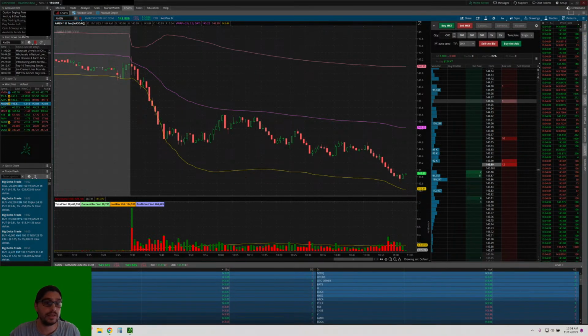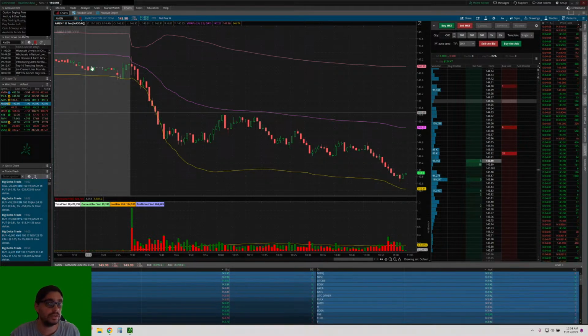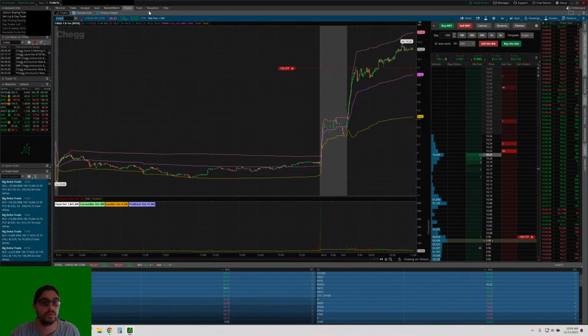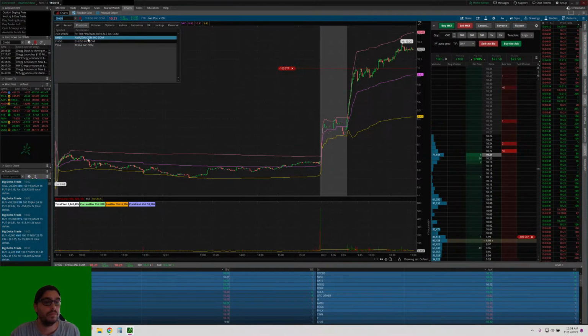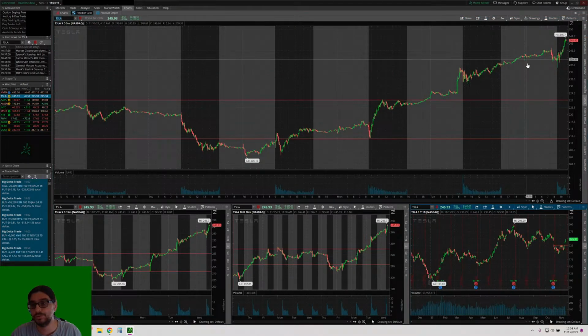$300 in the bank as of right this minute, and we got one stock that's still working for us. Hopefully we'll see what this does throughout tomorrow. I'm thinking Tesla is still going to go through a bullish move. I think we're going to get back up into the 60s this week.